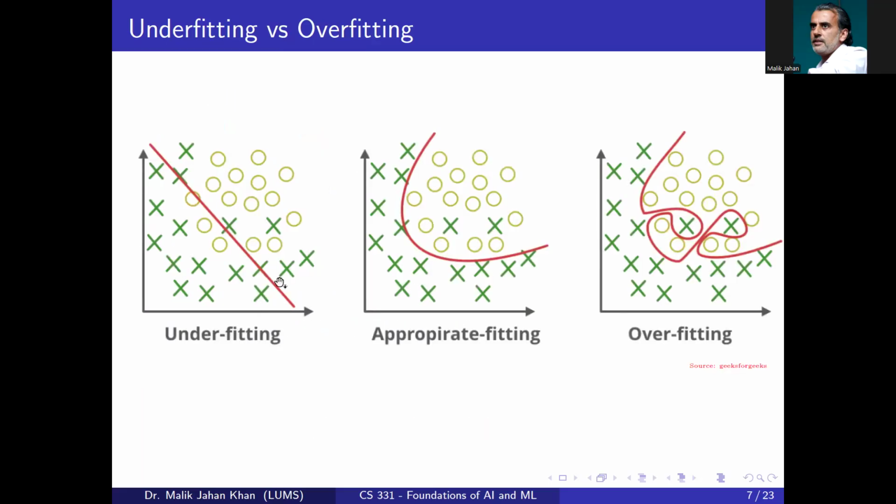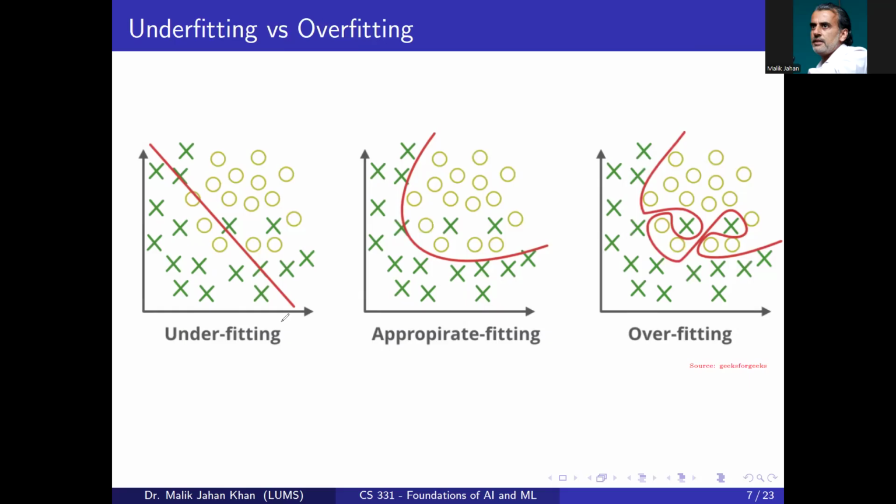If you focus on the figure on the left side of this screen, it's a classification situation. Our task is to classify these crosses against circles. These crosses and circles essentially represent the training data.